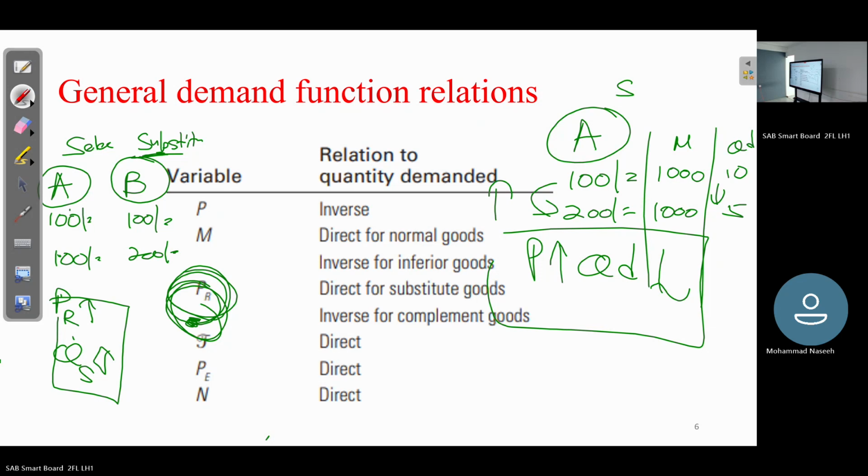Therefore, the demand of the selected product increases.